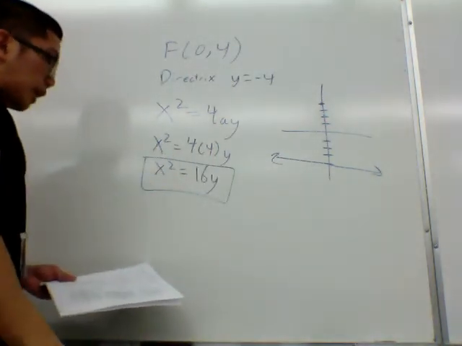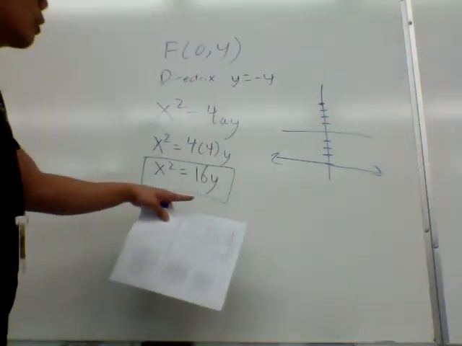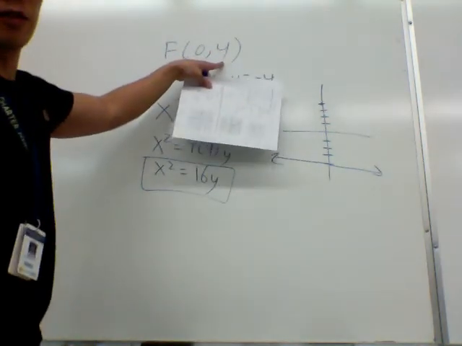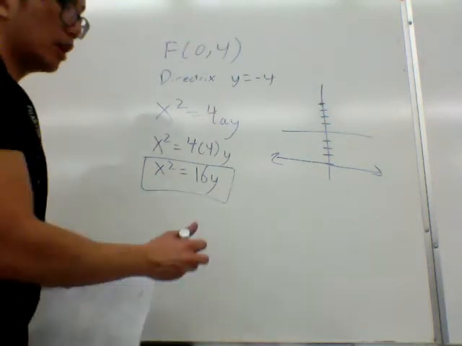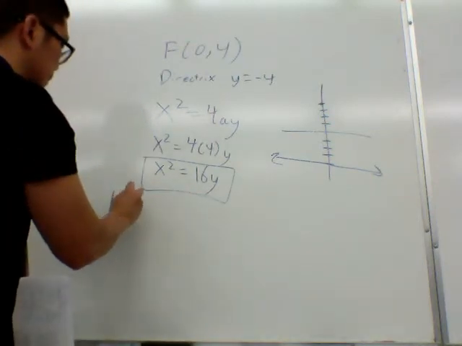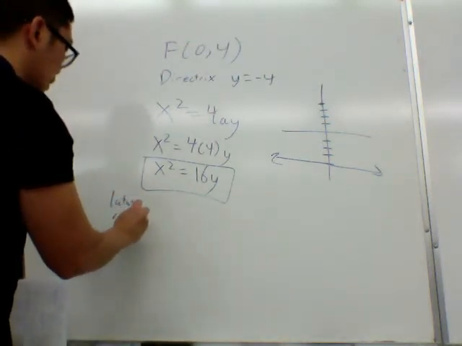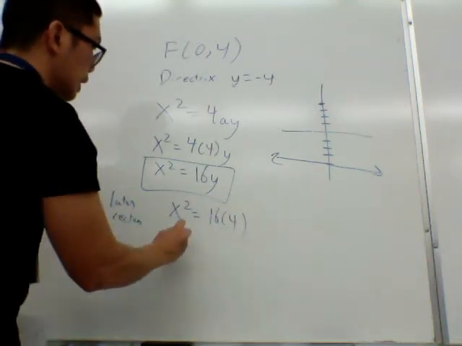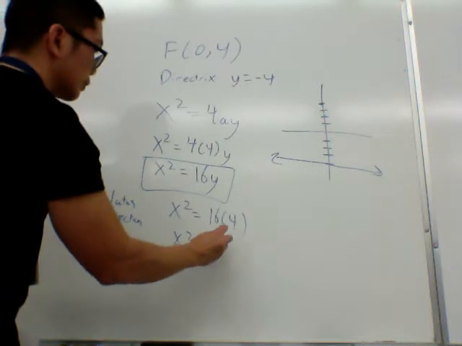Okay. Now in order to graph it, I am once again going to find my latus rectum. I'm going to take the value of the focus here and plug it into here. So the latus rectum part becomes x squared is equal to 16 times 4. And that becomes x squared is equal to 64.